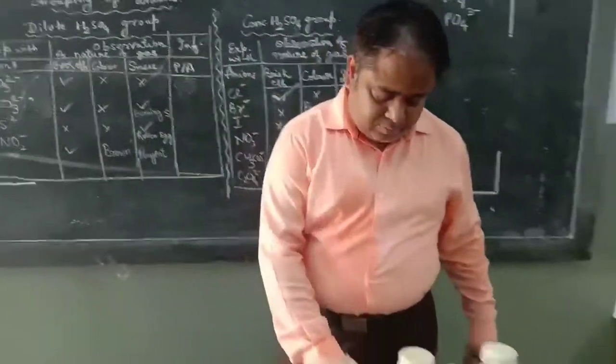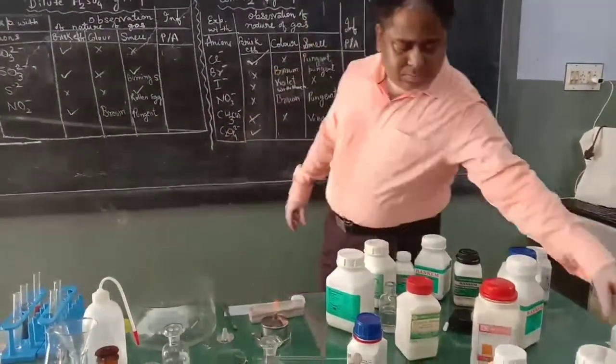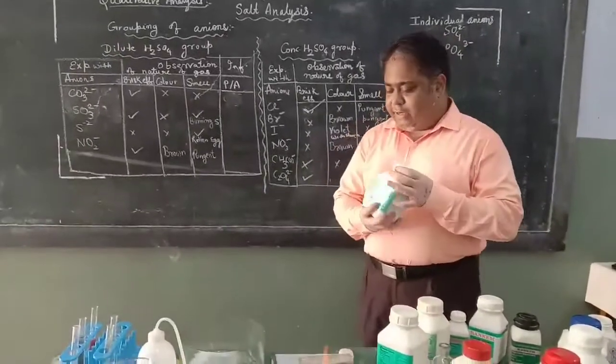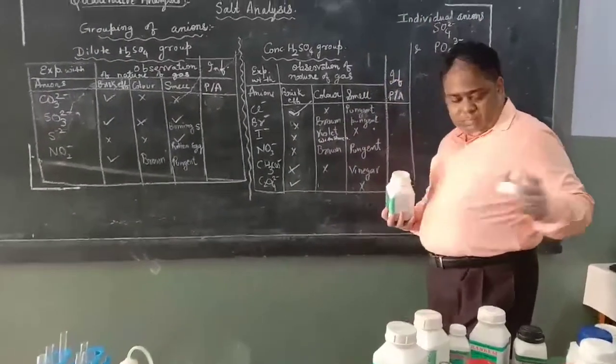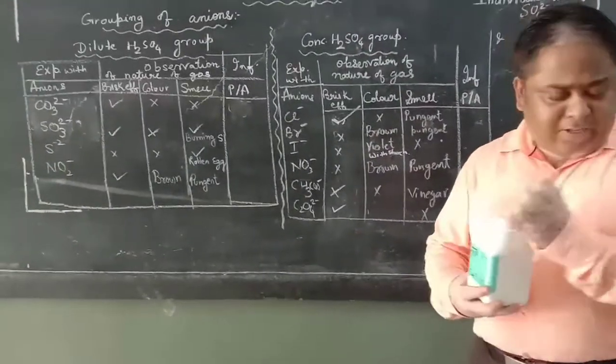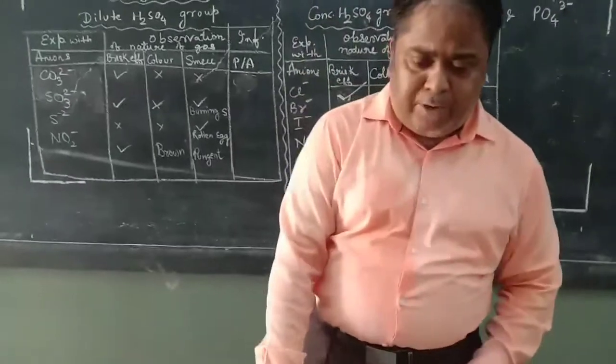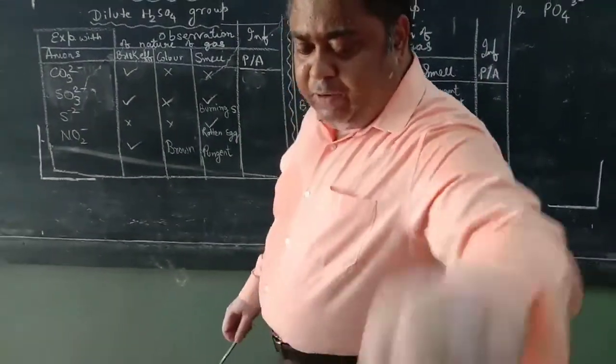Next, oxalate ion. Oxalate ion when decomposed converts itself into carbon dioxide gas. So it is expected that it should give brisk effervescence, but let us see practically what happens.